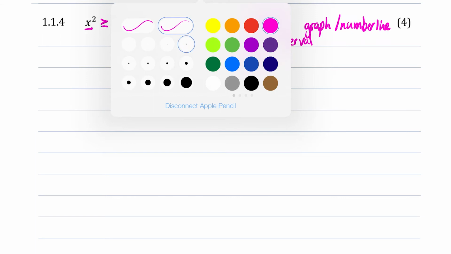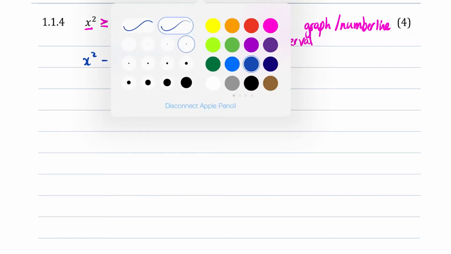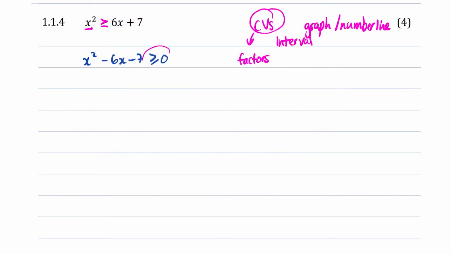So in the initial part, this is very similar to solving it as if it was an equation. I'm going to take everything onto the left-hand side: x squared minus 6x, and I'm going to subtract 7 from both sides. And then I get this, greater than or equal to 0. Now, that also means something to us.